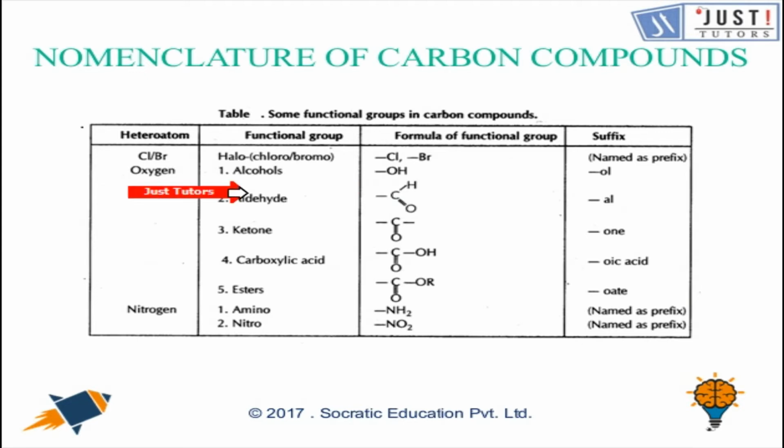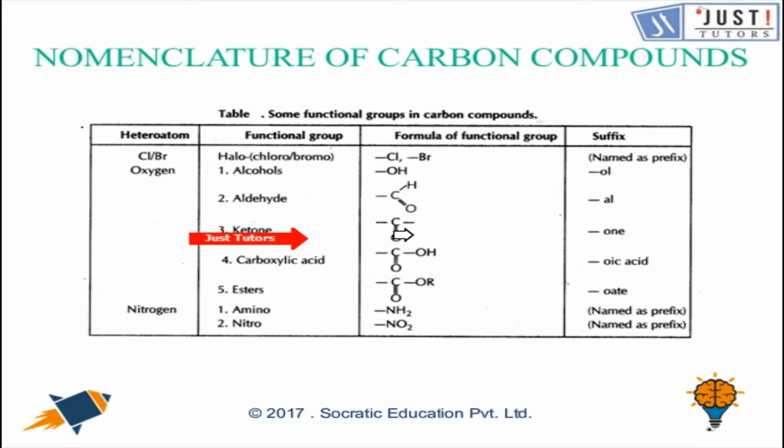And if we have alcohols, then we have a suffix, ol. If the alcohol group is attached to methane, we say methanol, and if it is attached to ethane, we say ethanol. In the same way, if we have an aldehyde group, or CHO group, we say al. If we have methane plus aldehyde group, we say methanal.